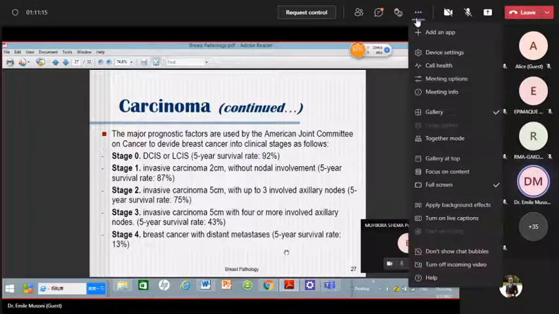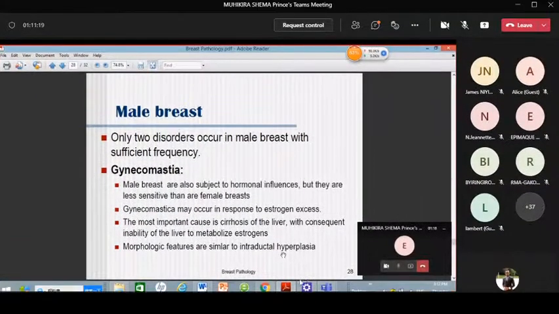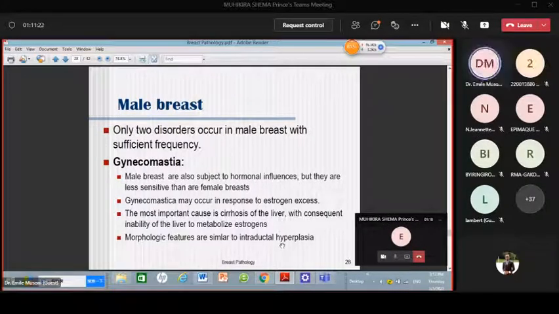We have said breast is in male and female. We can have what we call gynecomastia. This is an increase of breast size in male. Gynecomastia may occur in response to estrogen excess.